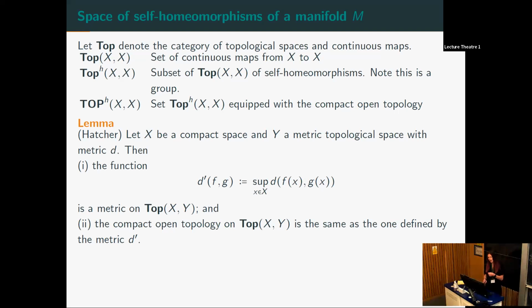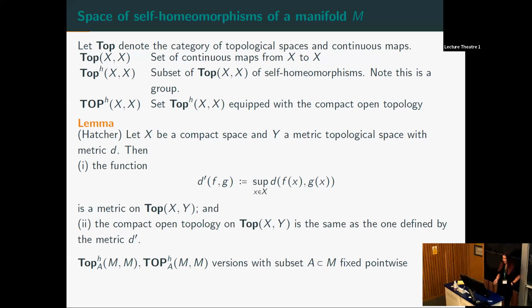Whenever Y, the space that we're mapping into, is a metric space with metric d, then we can define a metric on the set of maps Top(X, Y) by saying that the distance between a map f and a map g, d', is given by the least upper bound of the distance between every pair f(x), g(x). And this is the same as the compact open topology whenever Y is a metric space.